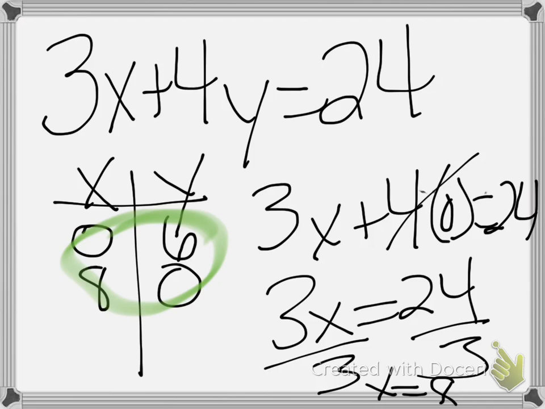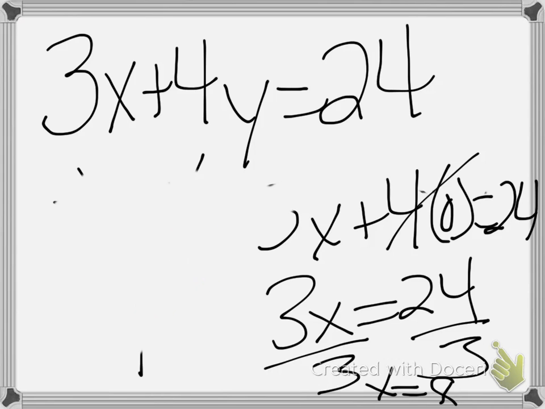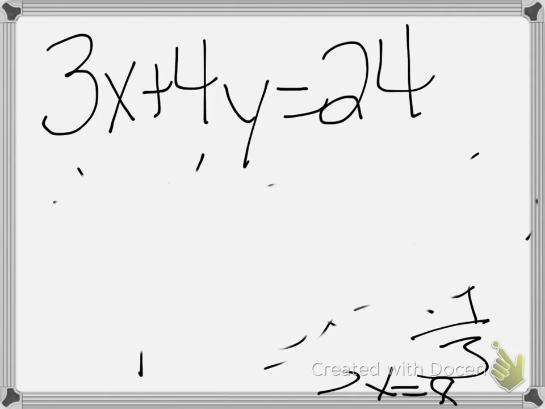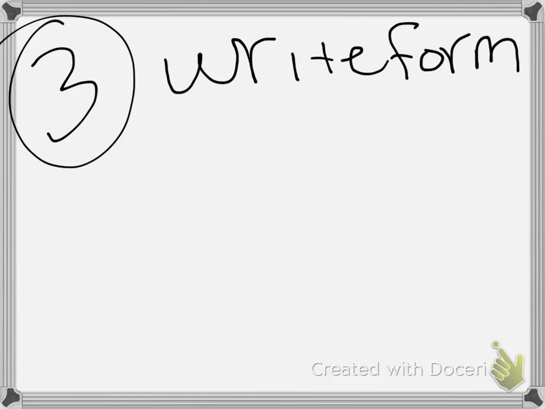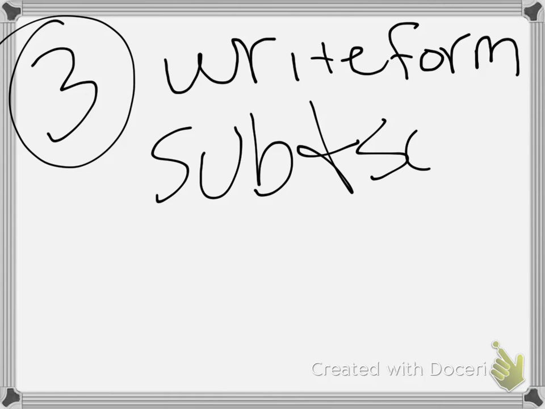Alrighty, so if we're given this problem right here, I have a missing slide. There's step 1 and step 2. Step 3, sorry about that, I'm not sure where that slide went, but step 3 is to write your formula, substitute, and solve.